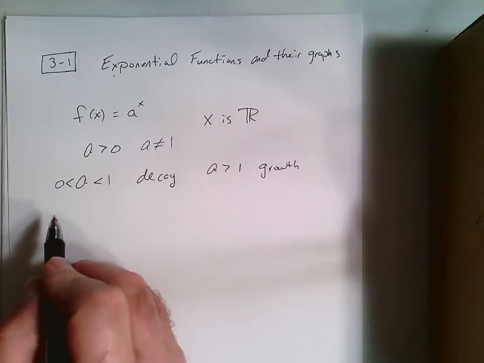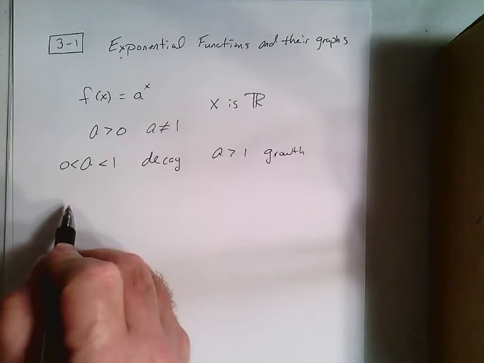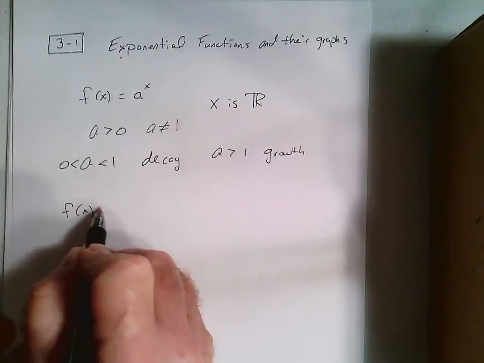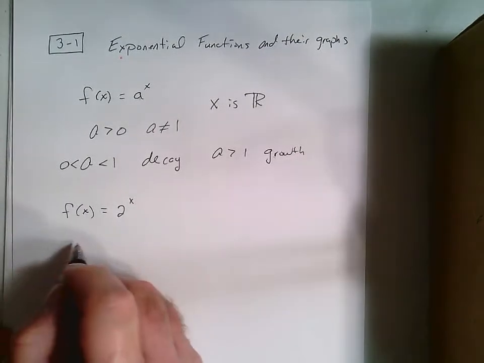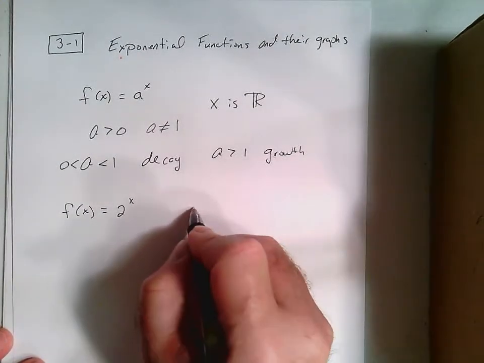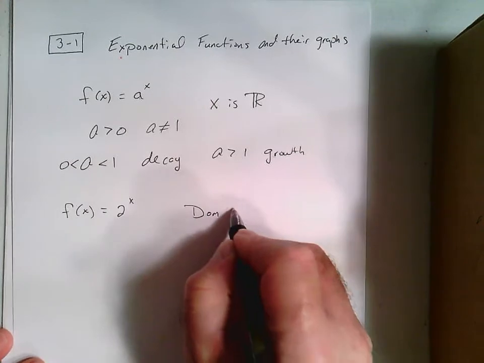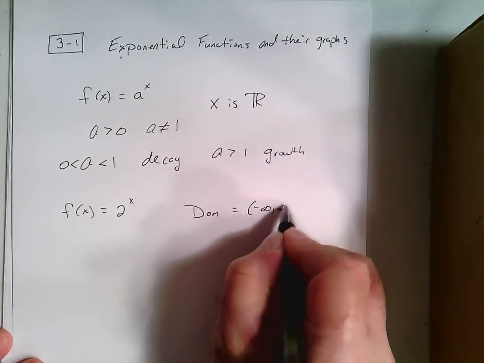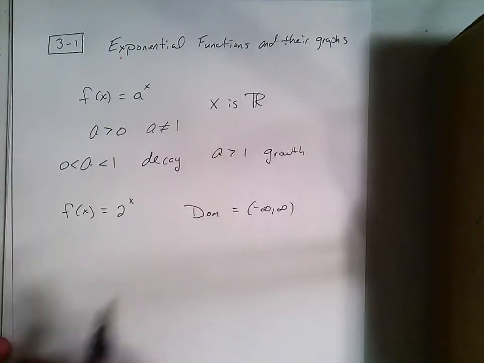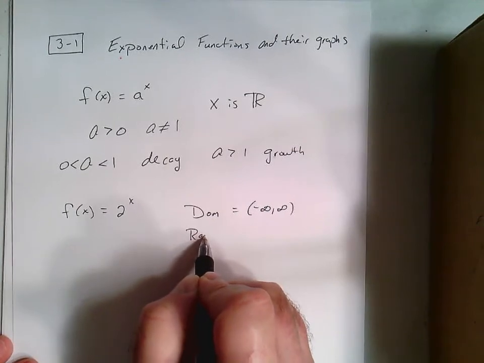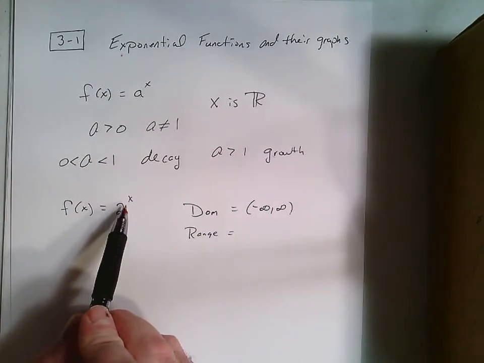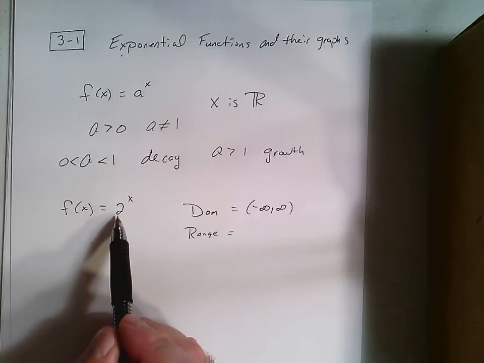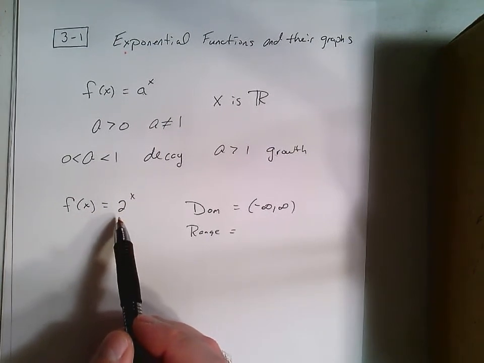So let's just take a look at a graph of an exponential function. We'll just do 2 to the x here, something simple to get started. When we talk about domain, we know it's all reals. And the range: when x is negative, the base flips, so it becomes 1/2.